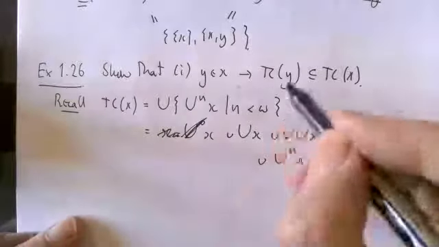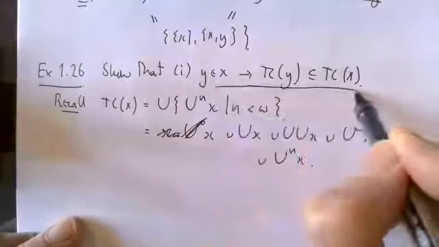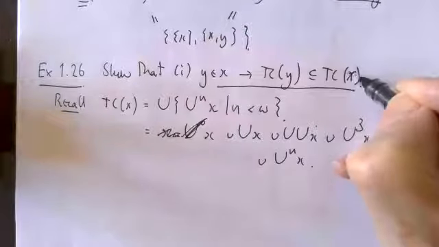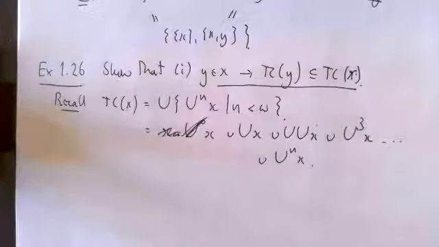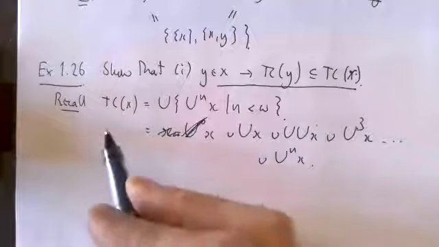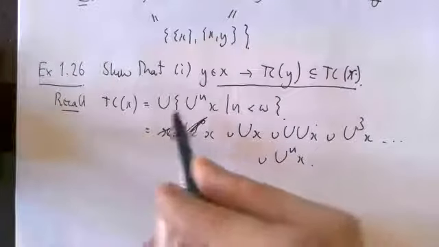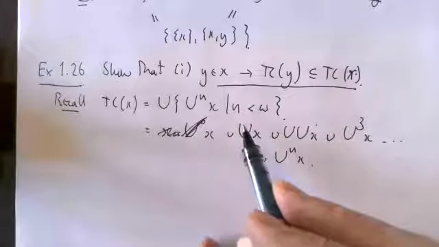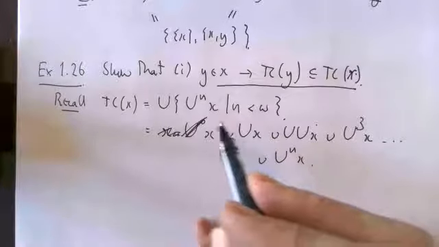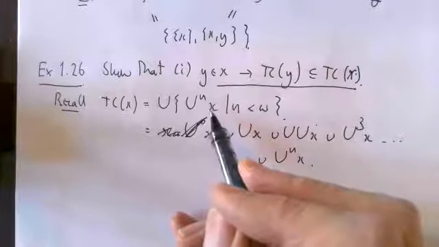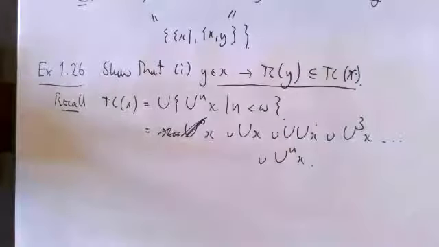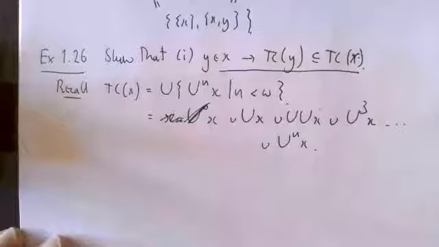We want to show TC of Y is contained in TC of X. Well, here's TC of X, it's the union of all of these things. TC of Y, something similar. It will be sufficient to show that every big U^n of Y is contained in a big U^n of X. It doesn't have to be the same n.